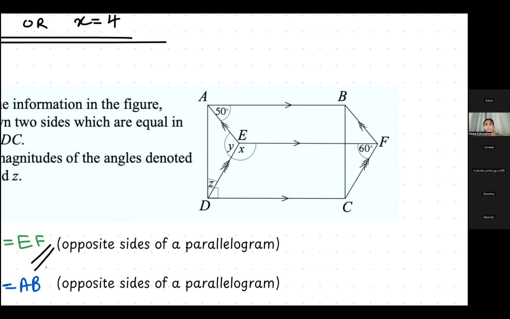Okay. Look, here these two are parallel. Therefore, these are allied angles, right? Then I can get the value of AEF, right? So AEF plus 50 is 180.